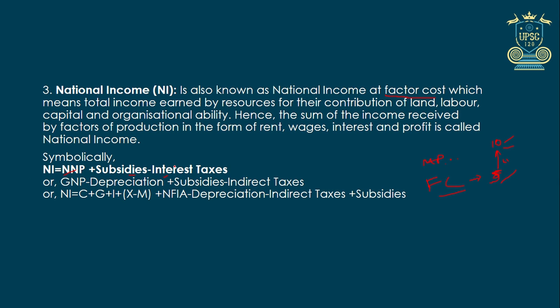Here what you have to concentrate on is the difference between factor cost and market price; subsidy is what the government gives to the factory, and indirect taxes means GST. These formulas you don't need to worry about, because UPSC has not asked questions specifically on the formulas.